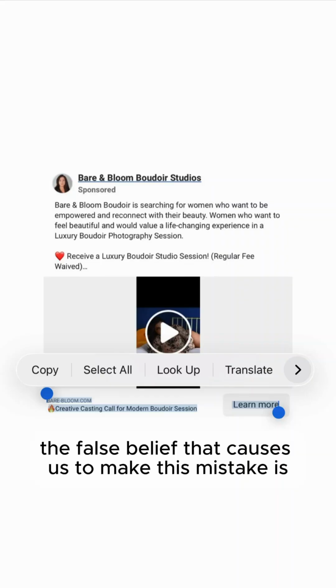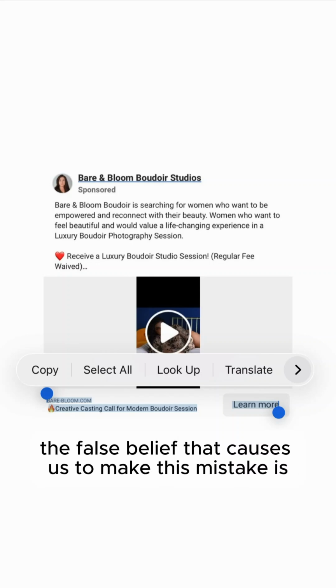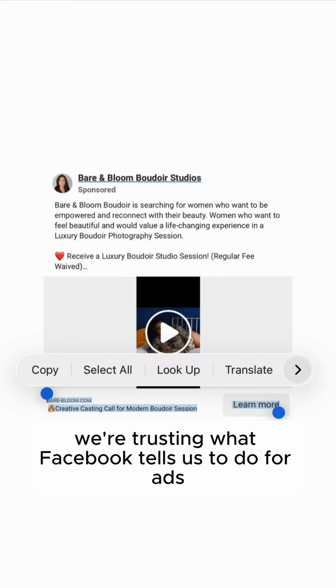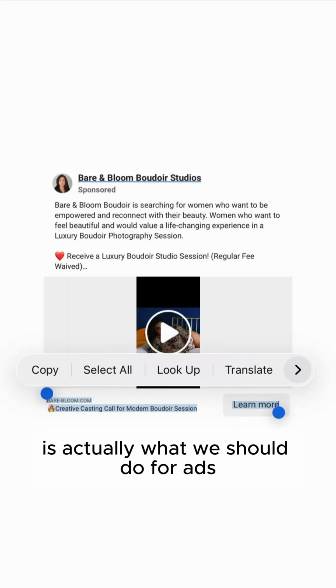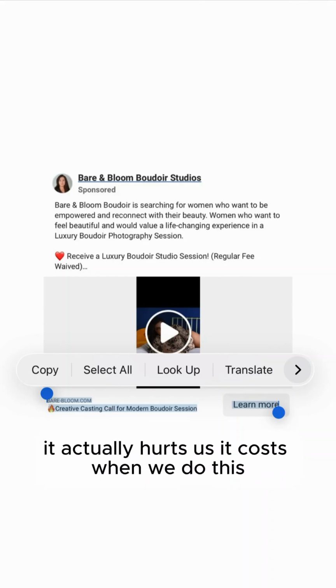The false belief that causes us to make this mistake is that we're trusting that what Facebook tells us to do for our ad is actually what we should do for our ads, what we should fill out. But actually, this helps Facebook, not us. It actually hurts us.